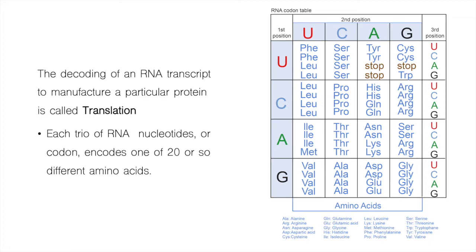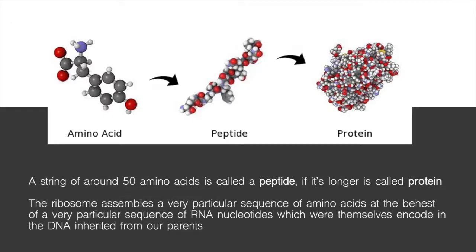It depends. If there is, for example, a strand of less than 50 amino acids, we call it a peptide or a polypeptide. But if it's longer than 50 amino acids, then we call it a protein.